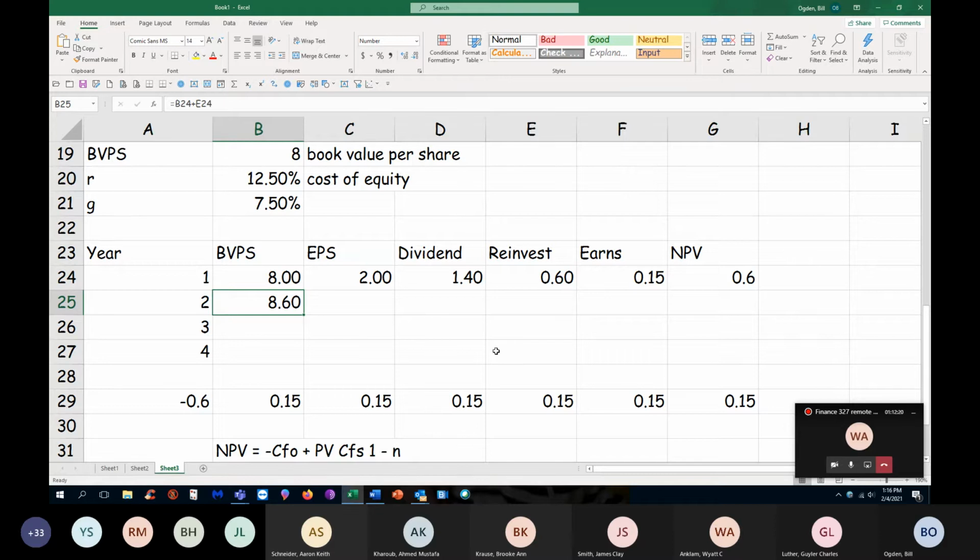Now, if you're working in the Mac platform, you would use Command T. And if you have a reasonably new version of Excel for Mac, it works pretty much like an F4 function on a PC. You just hit Command T once to lock the cell, Command T twice to lock the row, Command T 3 times in order to lock the column. Is everybody okay with that?